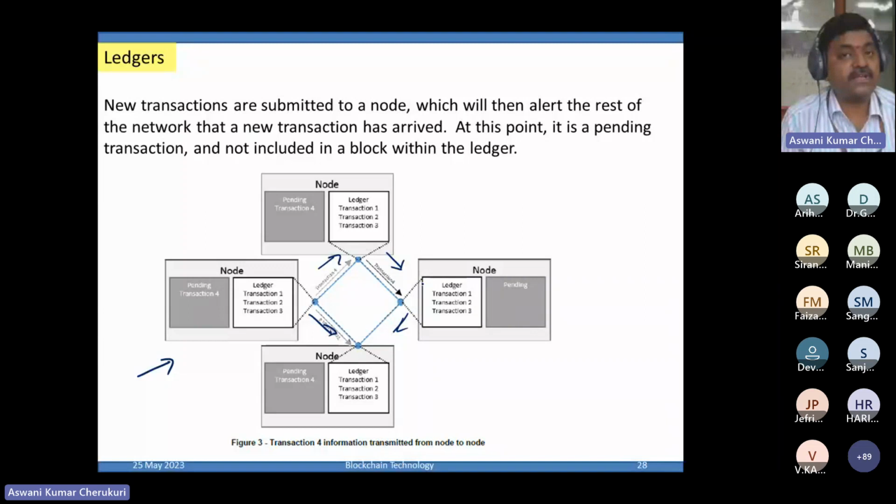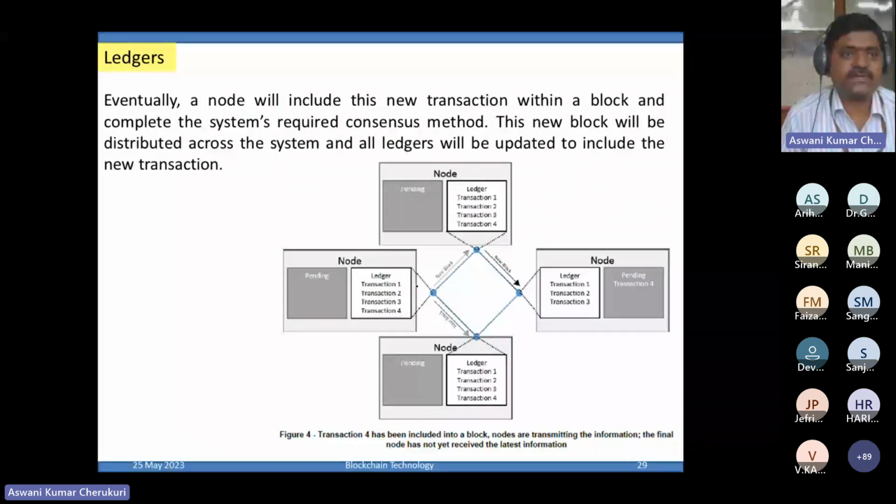So every node can verify this particular transaction. We said how to verify the transaction, right? Every node would verify the transaction and say that yes, the transaction is fine. Once the transaction is verified, transaction 4 gets added to the ledger.